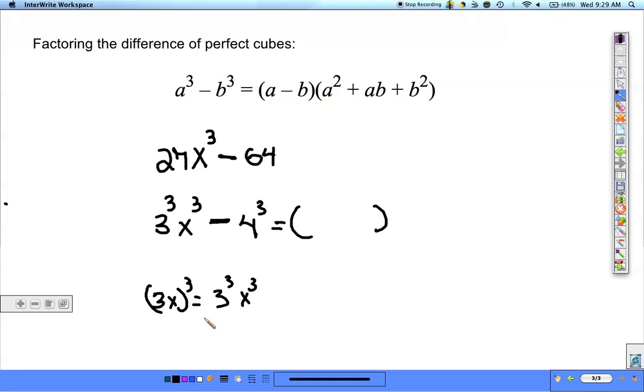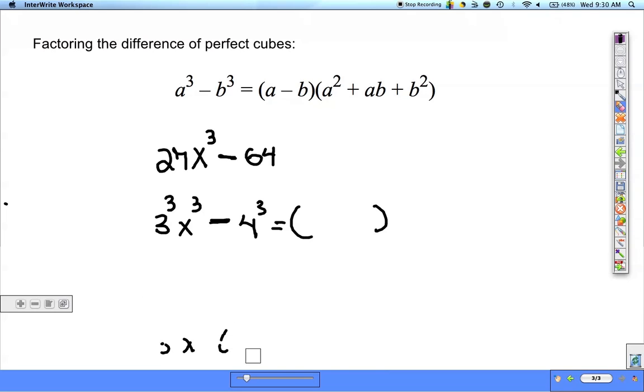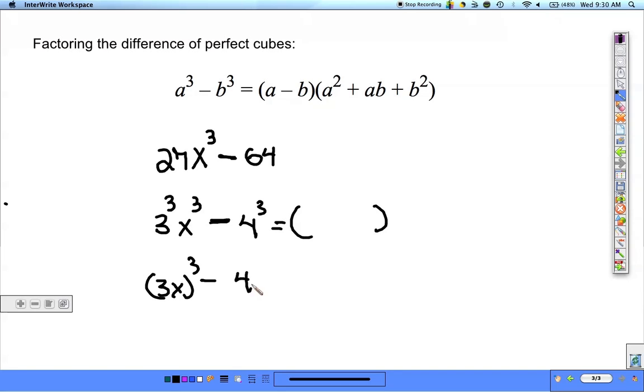That means I can go backwards. Think about it. Use the symmetric property. That means 3 cubed times x cubed is equal to 3x in parentheses cubed. Let's just write 3 cubed times x cubed in that way so it becomes more apparent to us. So 3x quantity cubed minus 4 cubed.